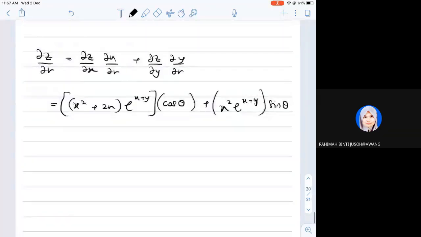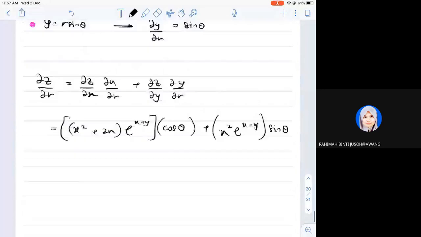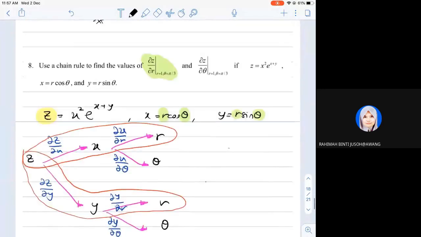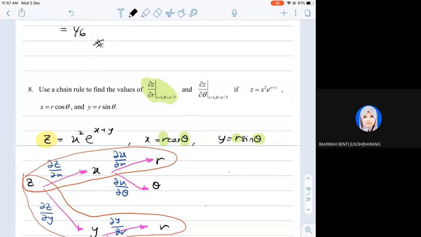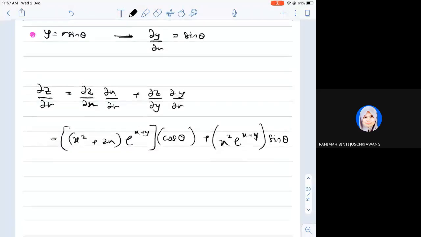Okay, so let's substitute. You have to substitute the values, guys, because the question asks you to find when r equals to 1 and theta equals to pi over 3. Substitute r equals to 1 and theta equals to pi over 3.